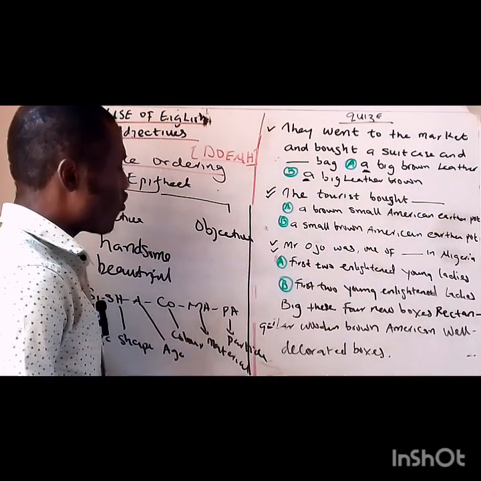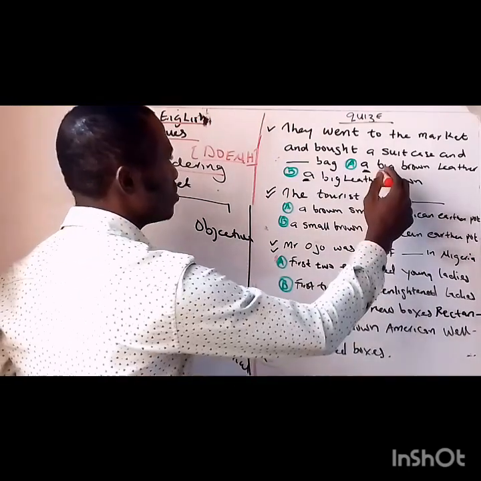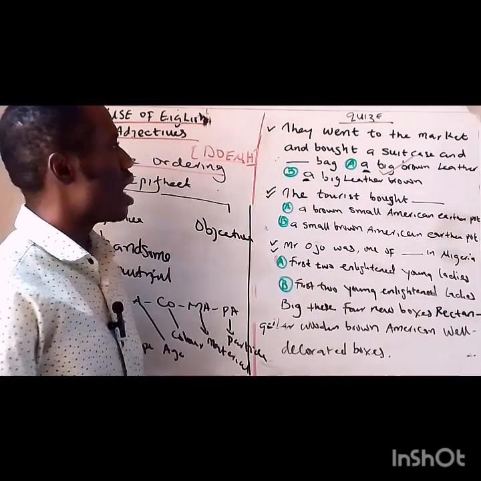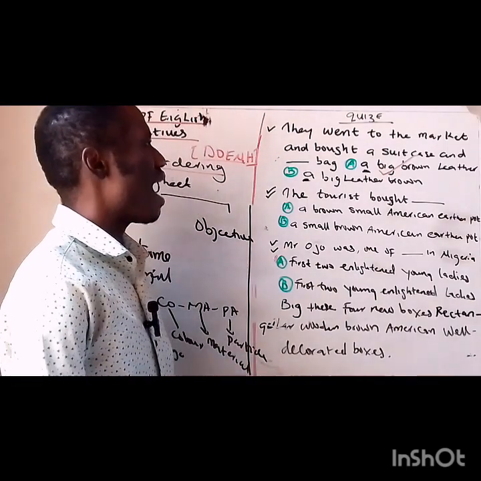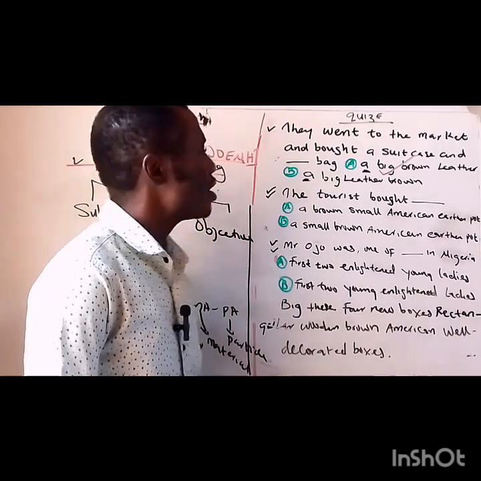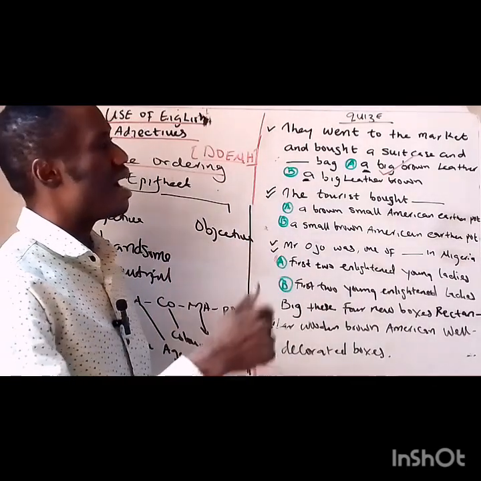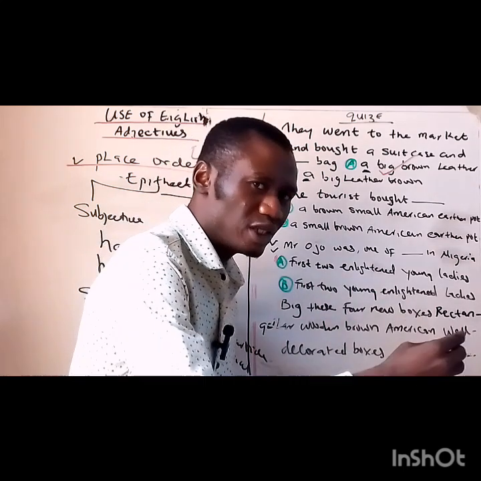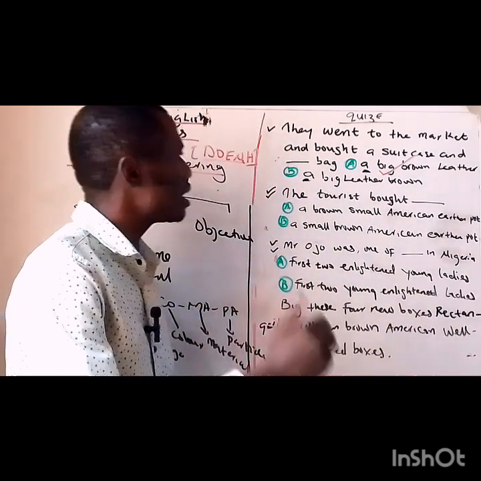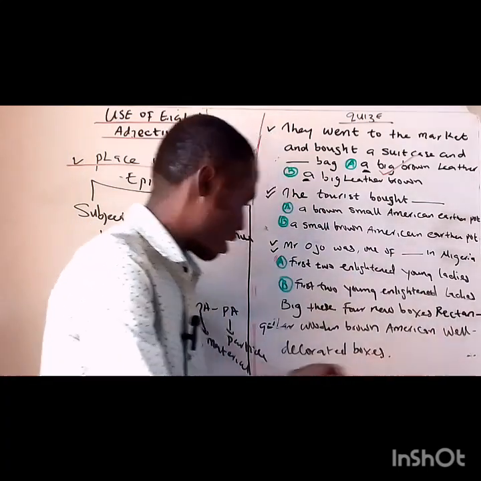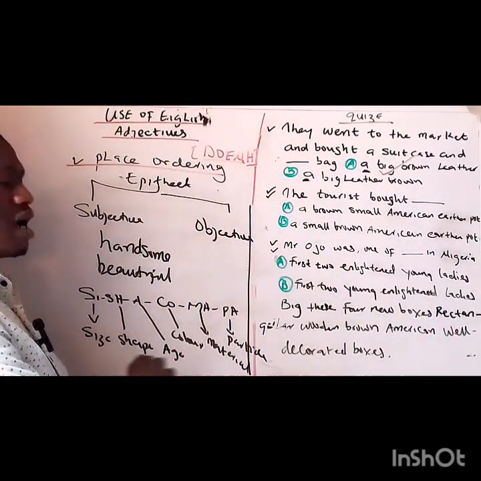So this now follows the order of arrangement, which means the answer is option A. They went to the market and bought a suitcase and a big brown leather bag. Not a big leather brown bag. That is wrong. That is the wrong order of arrangement. The right order of arrangement is a big brown leather bag from the formula Shisha Kumapa.